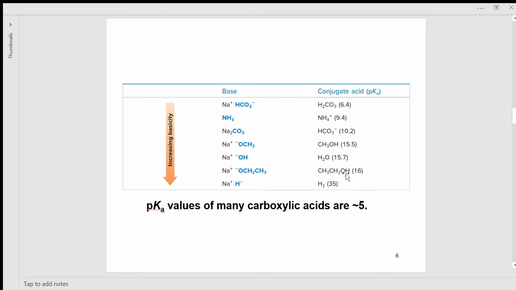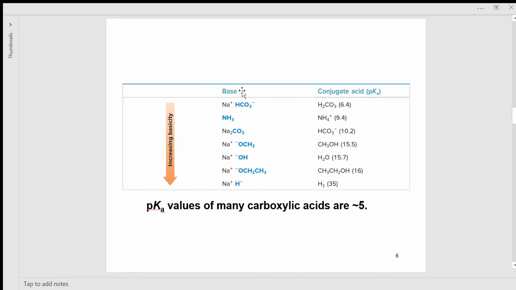Hydrogen has a pKa value of 35. It's very big. In theory hydrogen could be an acid because it can provide a proton, but because of its high pKa value of 35, hydrogen is a very weak acid. It's rare to see a hydrogen gas molecule serve as an acid.